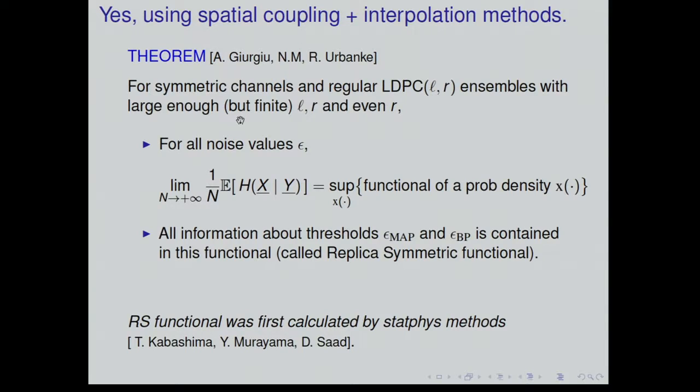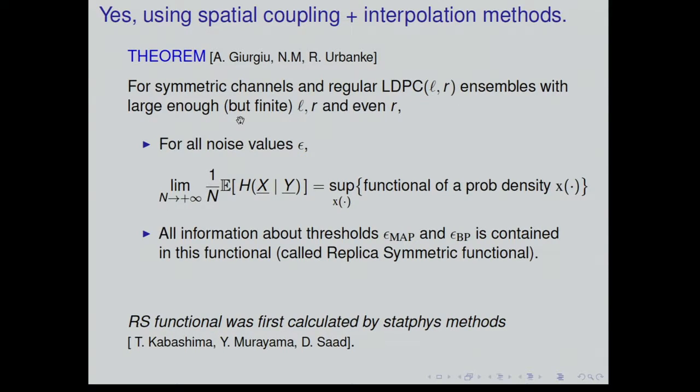And what you should do is compute the supremum of this functional over this probability density. So now, for a few slides, I won't write down the formula because it's a bit complicated even to explain the formula, but later on I'll become a bit more technical and I'll give the formula in more detail. But for the moment, we just need to know that the theorem says you can compute this as the supremum of some functional over some set of probability densities.